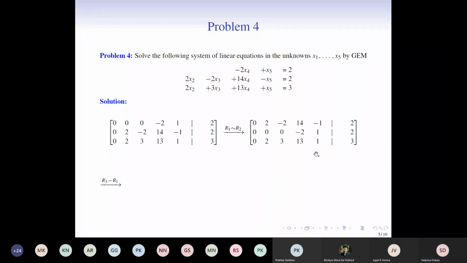The next step is using this pivot element, which is the first pivot in the second column. Using the pivot element, we make all the entries below it 0, and that we can do by doing R3 minus R1. And we get this.